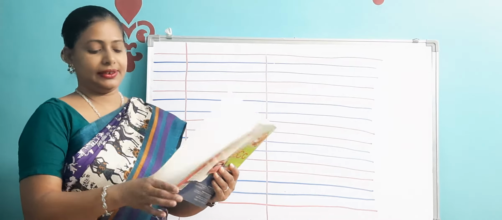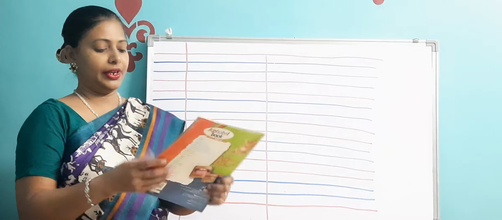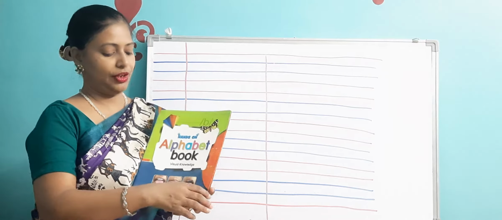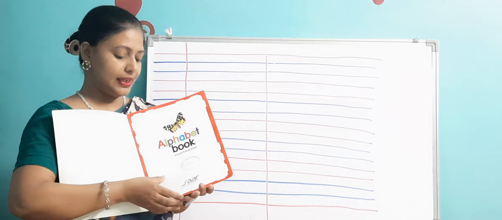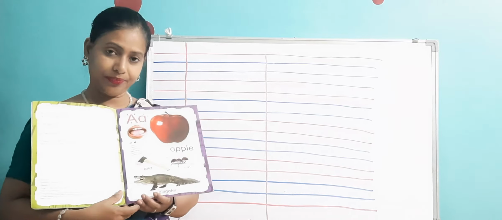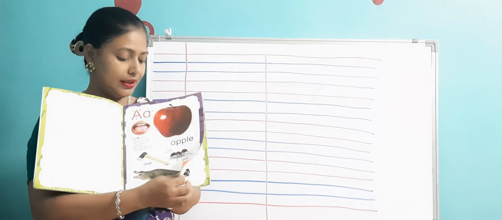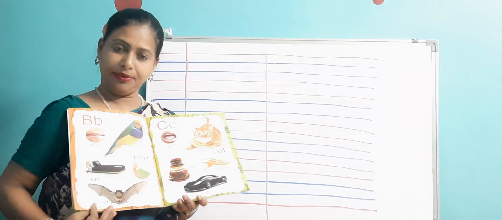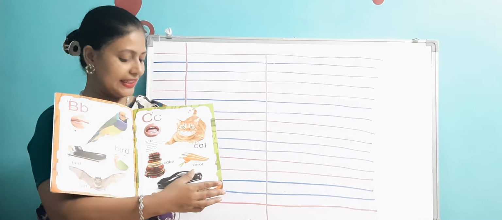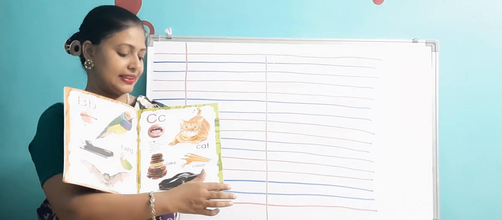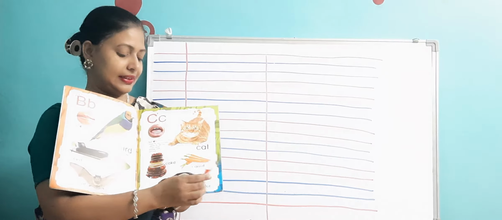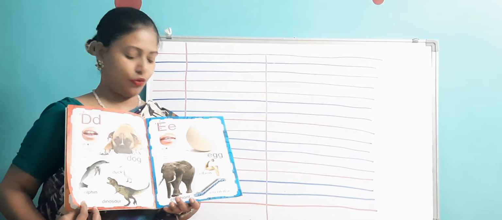Okay, see, this is your English book and we have already learned alphabet A. This is A for apple, B for ball, C for cat, then D for dog.